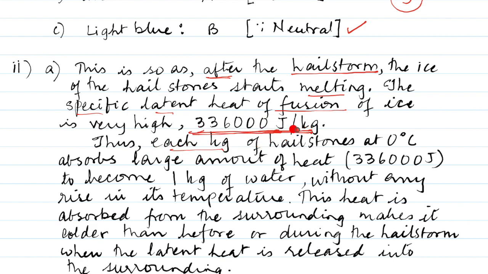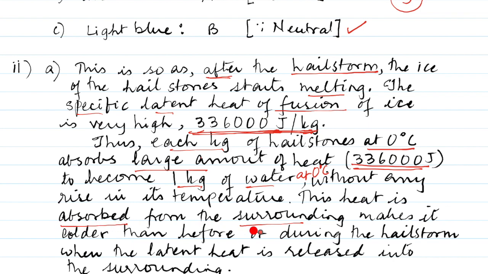Thus each kg of hailstones, that is ice, at 0 degrees C absorbs a large amount of heat. How much? 336,000 joules to become 1 kg of water, and that will be at 0 degrees C without any rise in its temperature. Now this heat is absorbed from the surrounding.